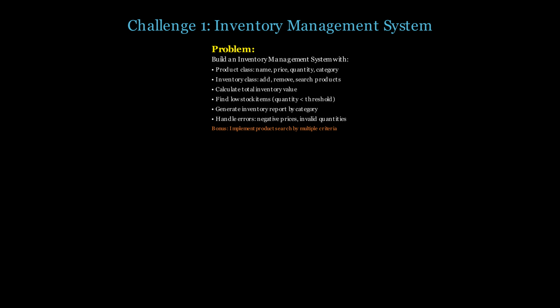Implement methods to calculate total inventory value. Find low stock items below a threshold, and generate reports by category. Handle errors like negative prices and invalid quantities. For bonus points, implement multi-criteria product search. This tests OOP, validation, and data management skills.